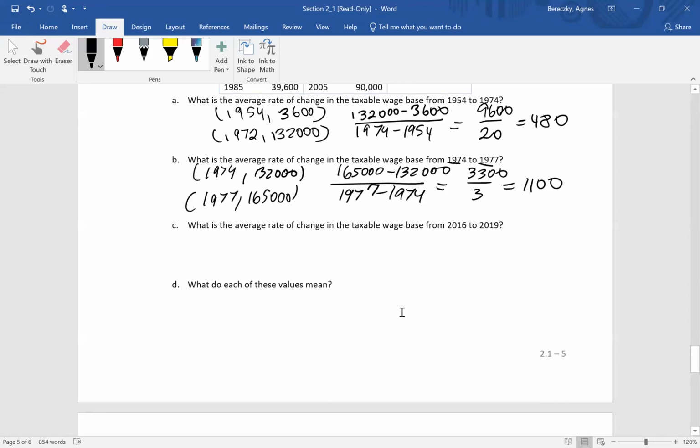What is the average rate of change in the taxable wage base from 2016? So 2016, if you go back and look at the chart, it was 118,500, and in 2019, it was 132,900.